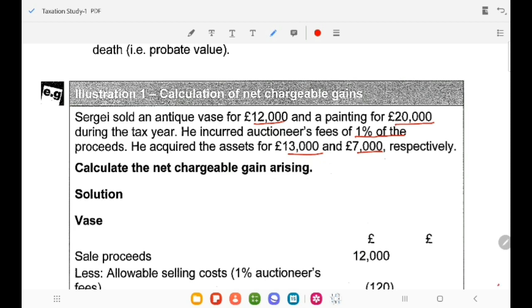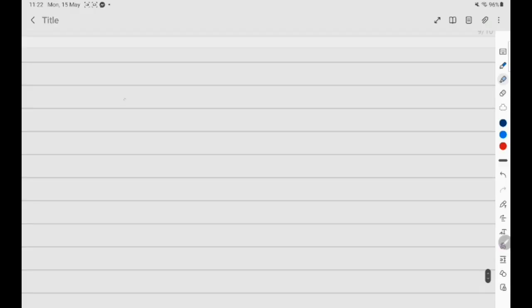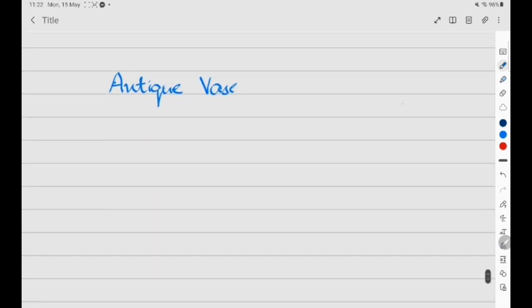For the antique vase, the sale proceed is 12,000 gross proceed, and the auctioneer commission is 1% of 12,000, that is 120.